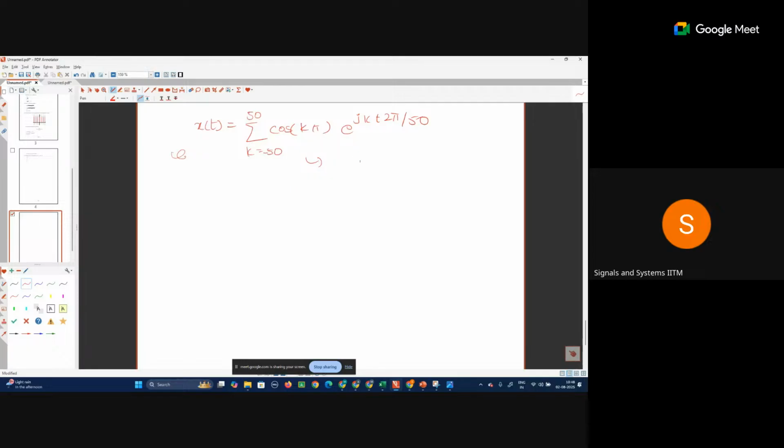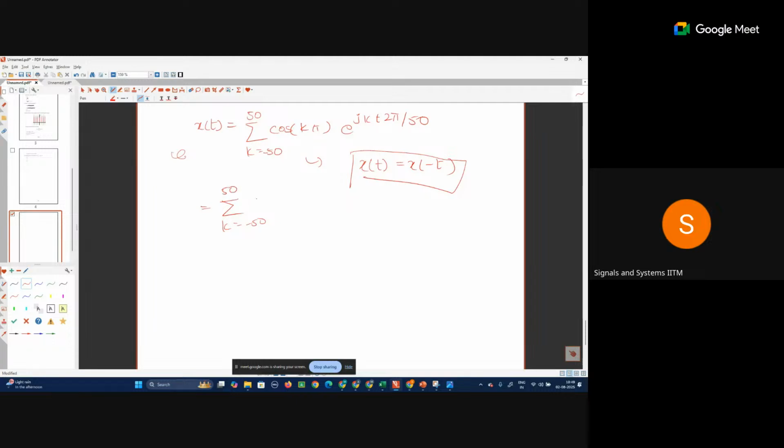In order to find if it is even or not, x of t needs to be equal to x of minus t, right? If it satisfies this condition, it is even. So we will substitute minus t in place of t.